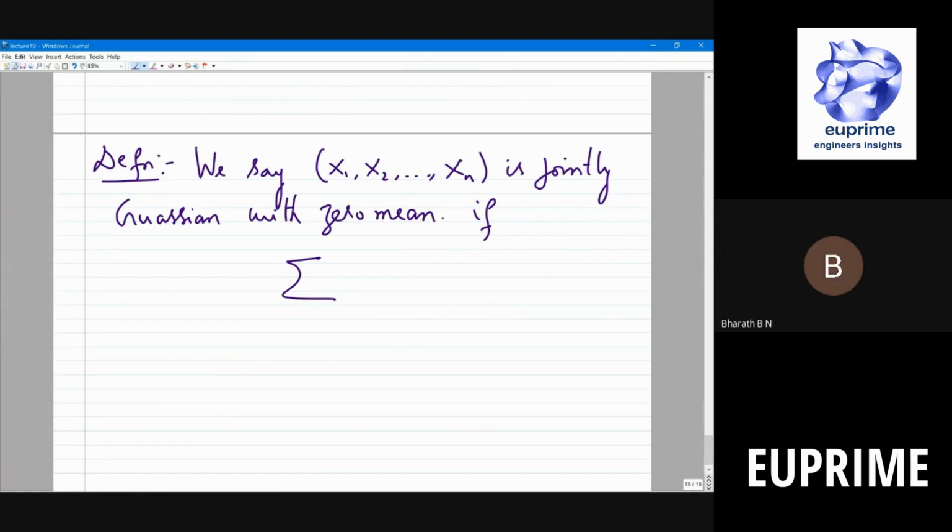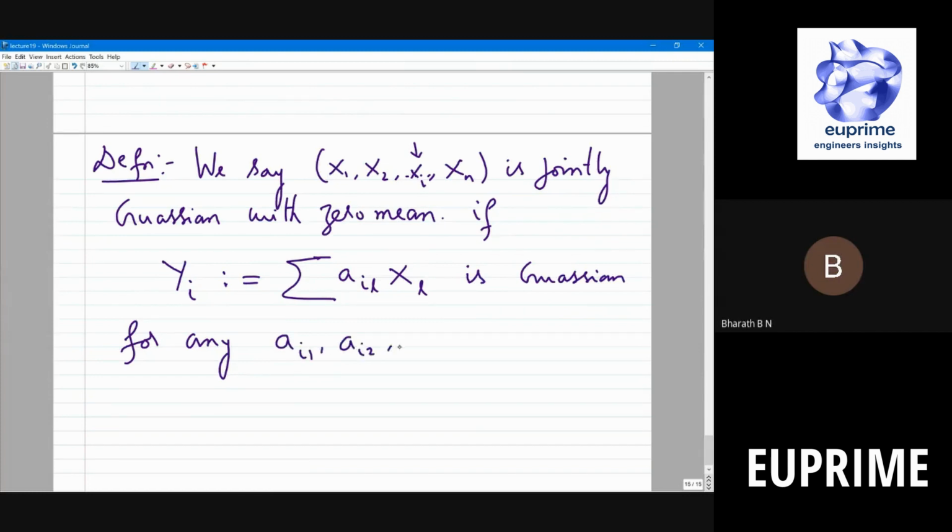I'll take, for example, let's say xi, the ith one. If I construct the following, yi, which is defined as the sum of a_il x_l, is Gaussian for any a_i1, a_i2, etc., a_in belonging to Rn.